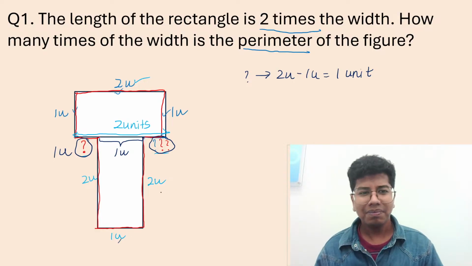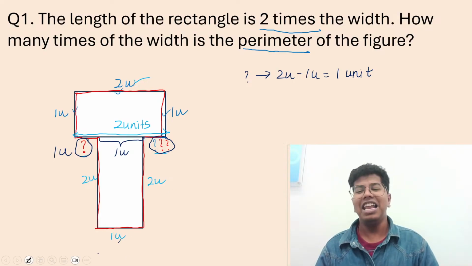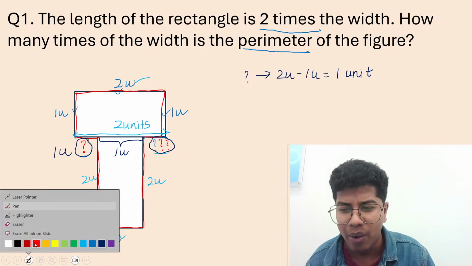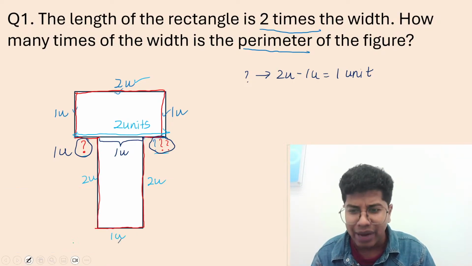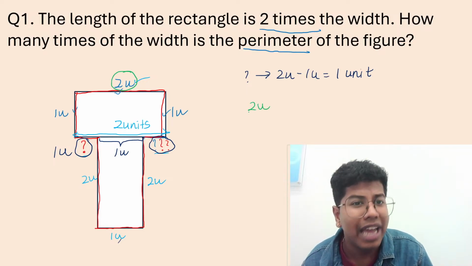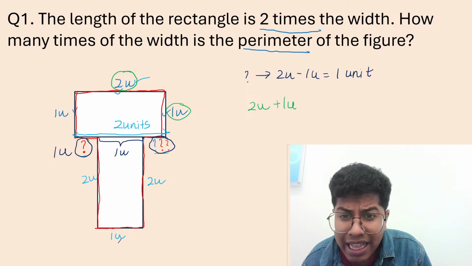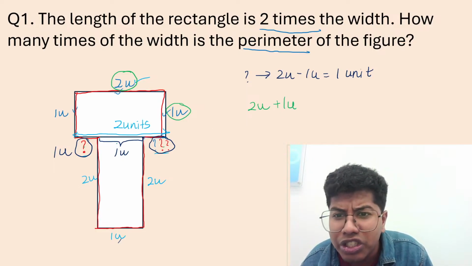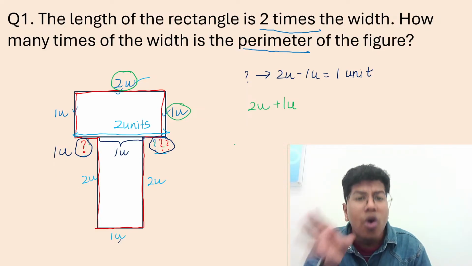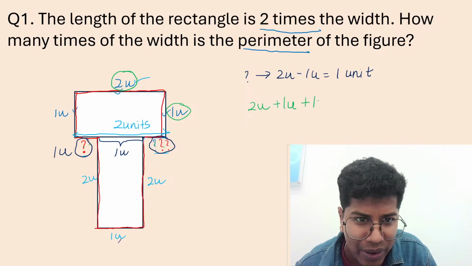Now class, can we find out the perimeter of this shape? Let's just see, calculating just the outer boundaries. So if I want to calculate the outer boundaries, okay, let's start with this. Okay, 2 units we have. Then there's this 1 unit on the upper side, that is here. Then there is this two question marks that are present, and we know the value of this two question marks together is 1 unit.